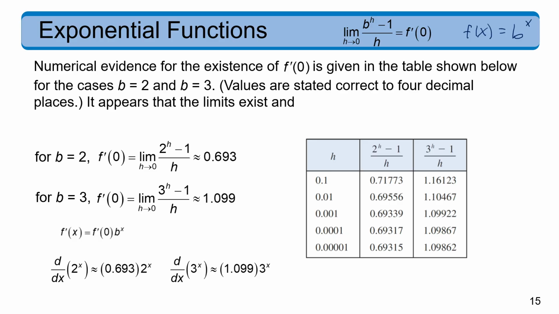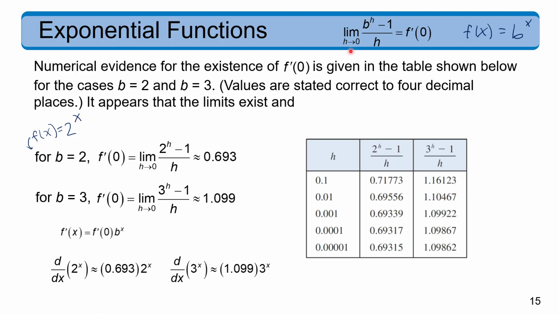So we're going to consider some different values for b and figure out what f prime of 0 would be. So let's consider b equal to 2. So that means our function that we're considering is f of x equals 2 to the x. That's our exponential function. So let's calculate f prime of 0.